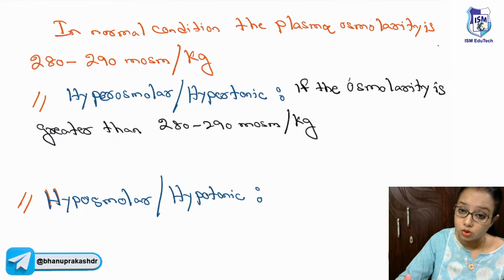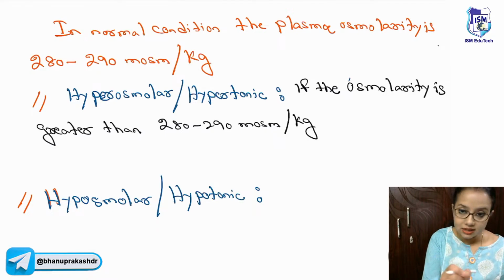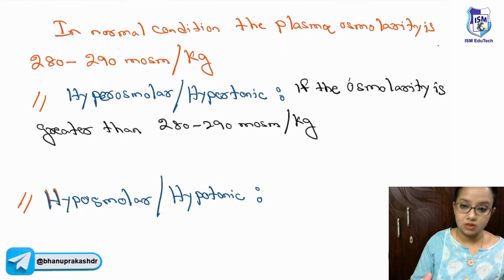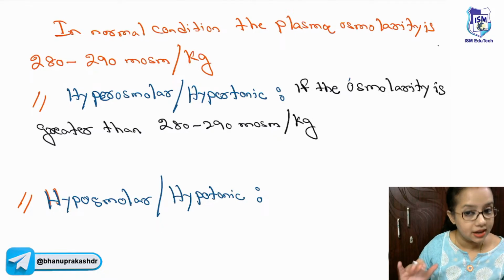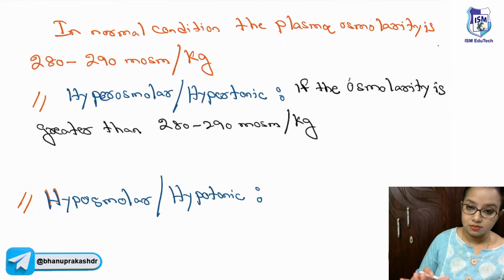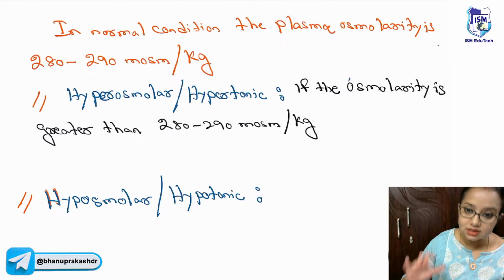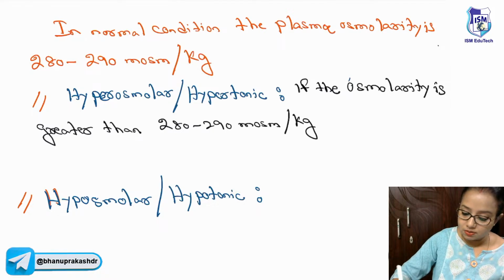So tonicity has a slightly different meaning than osmolarity. We will come to that also. But roughly under the physiological condition, we can use them as the same. There is no significant error in taking these two terms interchangeably, meaning taking the two terms as the same. Okay, this is hyperosmolar. Now, what is hypotonic or hypoosmolar?